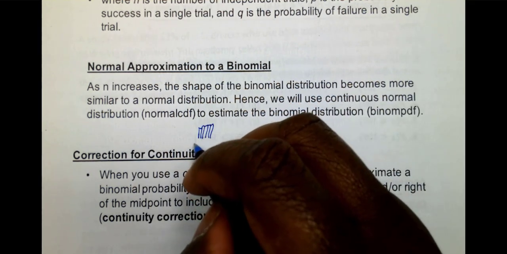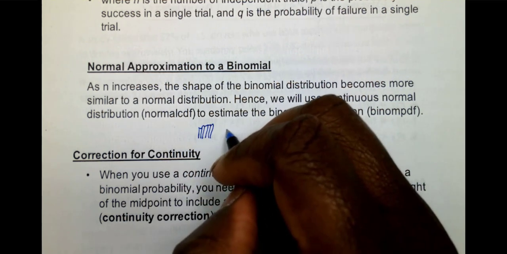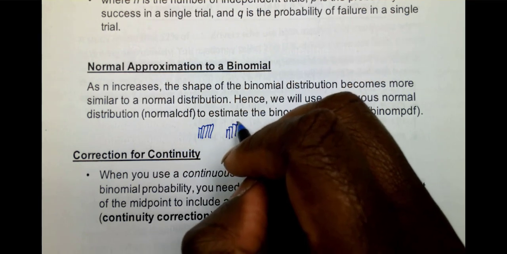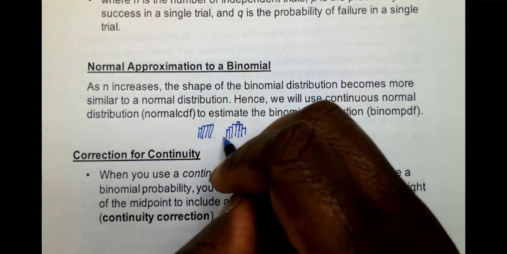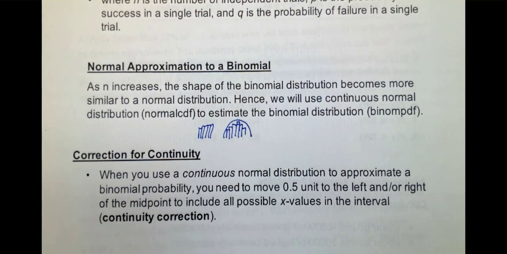But as your n increases, those bars actually turn into a normal distribution or a curve. Okay, so that's what we're pretty much doing. As your n increases, your graph will start looking normal.